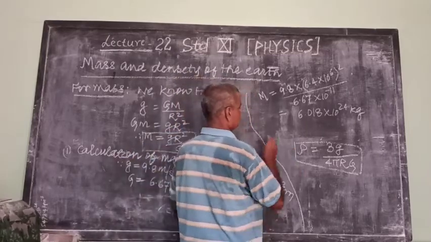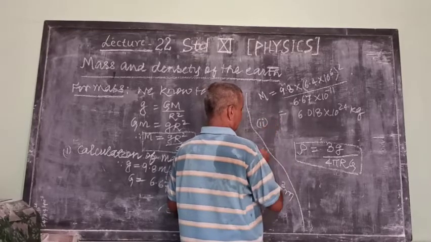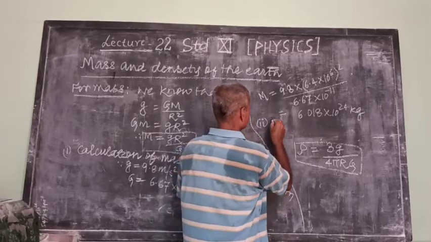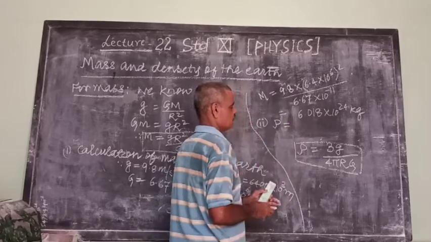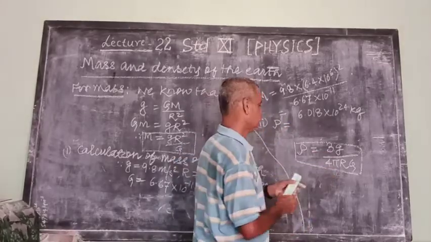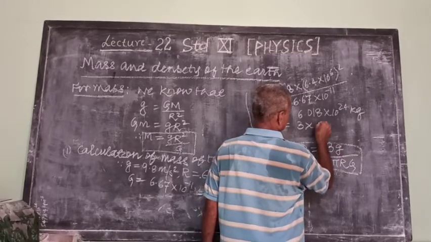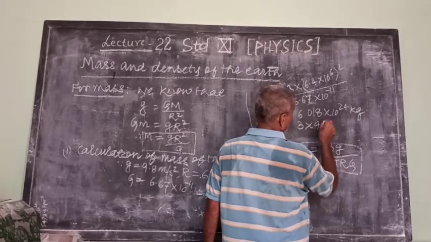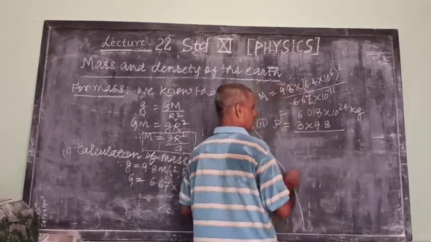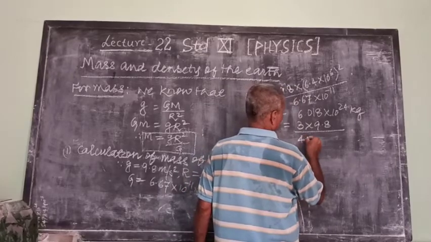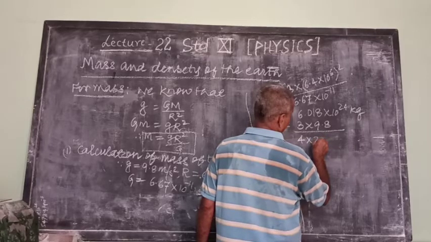Now, the next is your calculation of density of the earth. Second item, that is determination of density. Rho is equal to, formula is already written, 3 into the value of g, 9.8, by formula is 4 pi R G. Pi means 22/7.